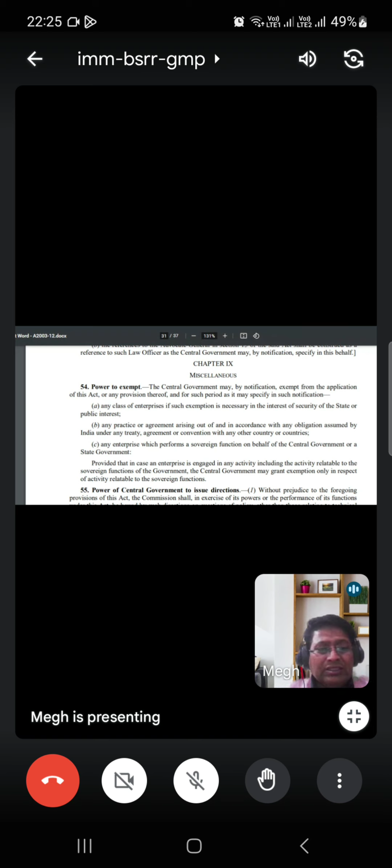And clause C is any enterprise which performs a sovereign function on behalf of the central government or the state government. Now, this is exempted. So maybe the enterprise is doing the activity, but that activity is a sovereign function.